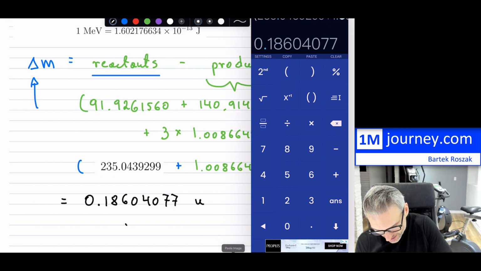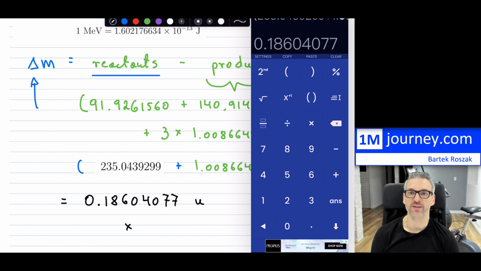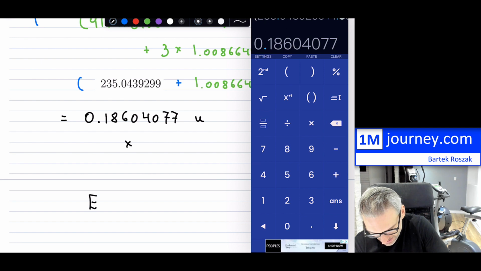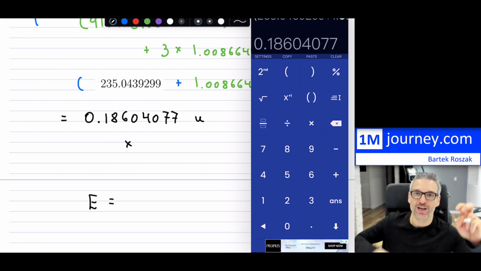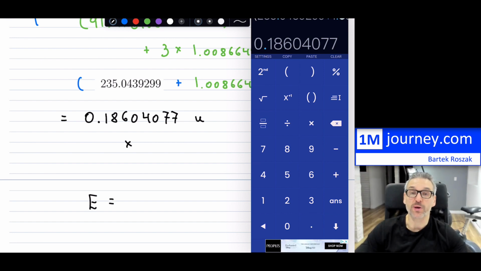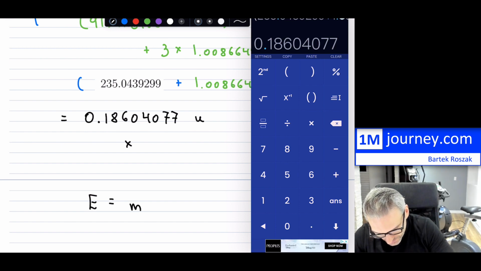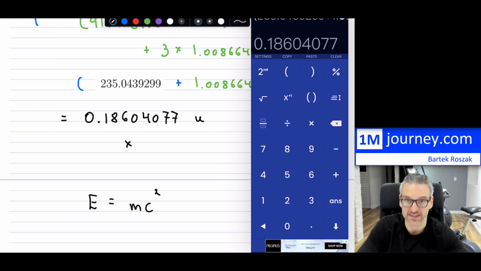Now, in terms of trying to change the mass, and if you want the mass in kilograms, because ultimately what we want is the binding energy. Again, it's not binding anymore. We want the energy released. And that comes back to our famous Einstein's equation, energy is equal to mass times c squared.